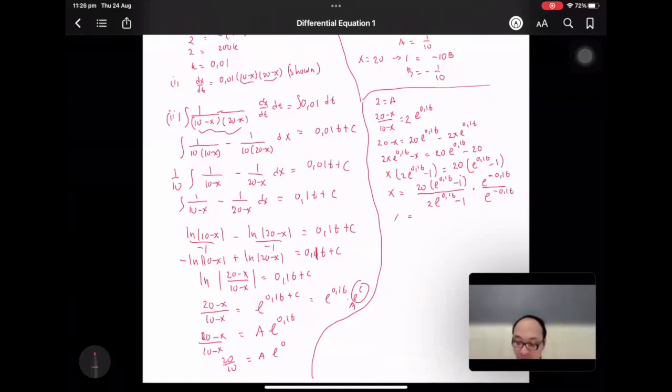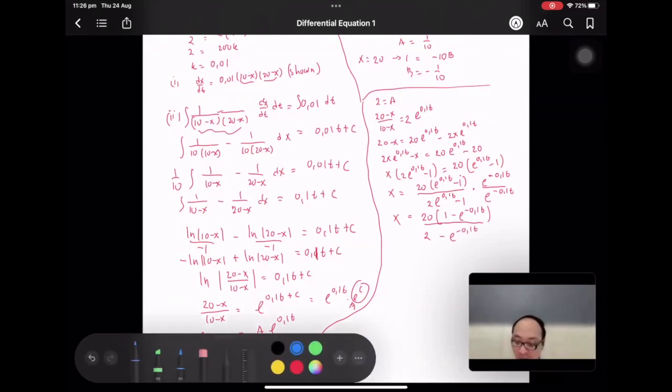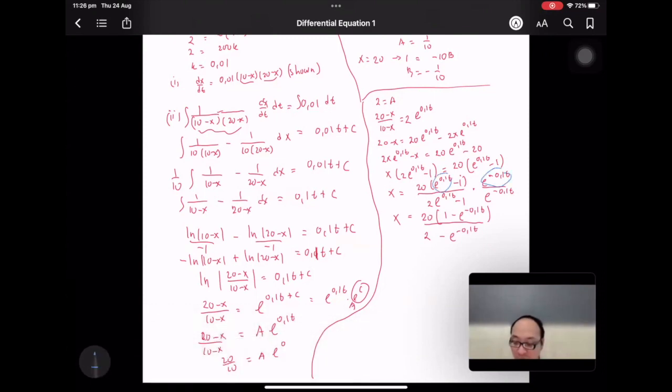So I can change the form into 20 times (1 minus e^negative 0.1t) over (2 minus e^negative 0.1t). Don't forget, when you multiply this and this, it will be equal to 1. And this one and this one as well.